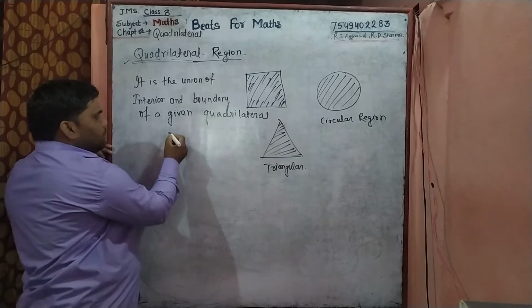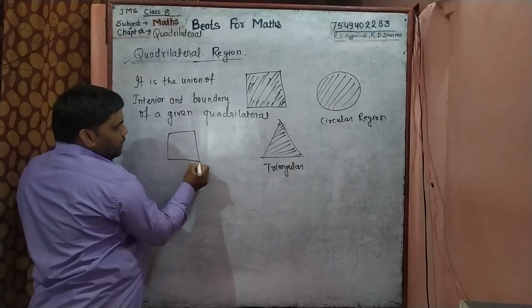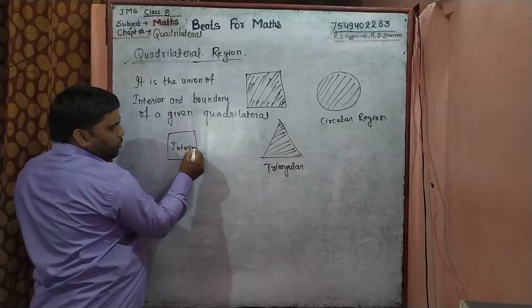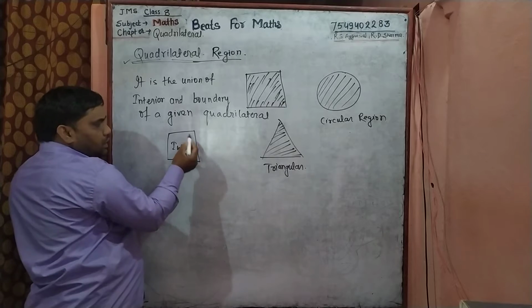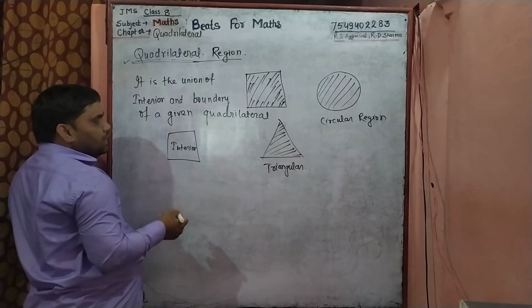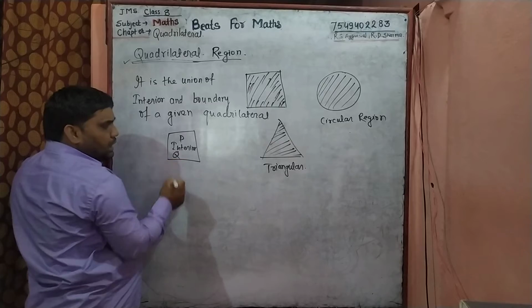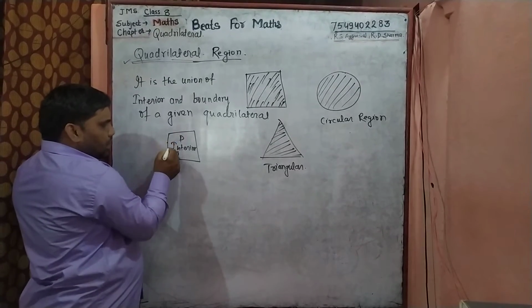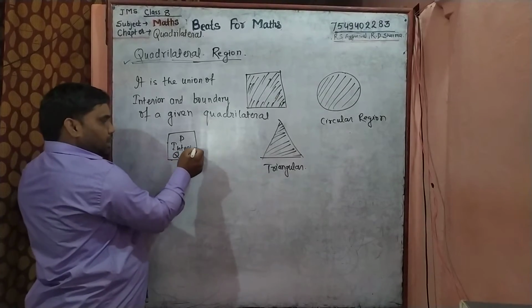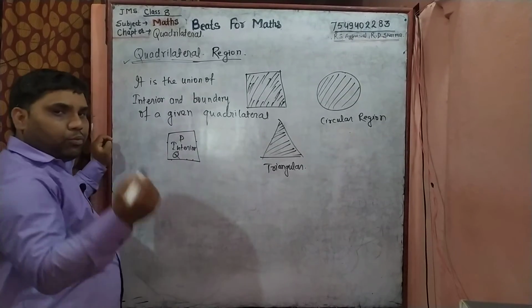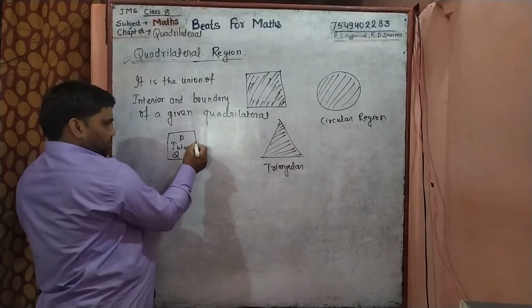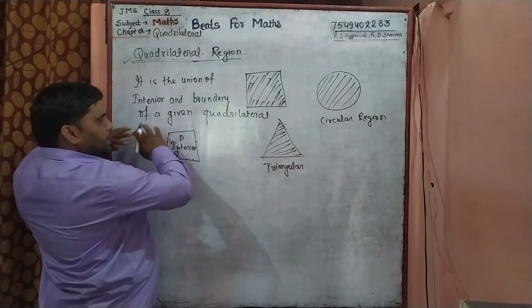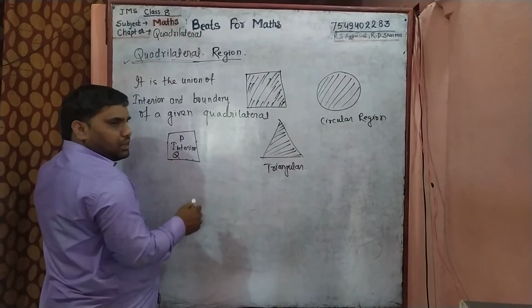Any closed figure has three portions. One is the interior portion, that is inside of the boundary. This inner portion inside the boundary is called the interior. Then P, Q, these are in the interior portion. If some point lies on this line segment, this boundary, it is called on the quadrilateral, or on the polygon, or on the figure. And this area outside of this boundary is called the exterior region.